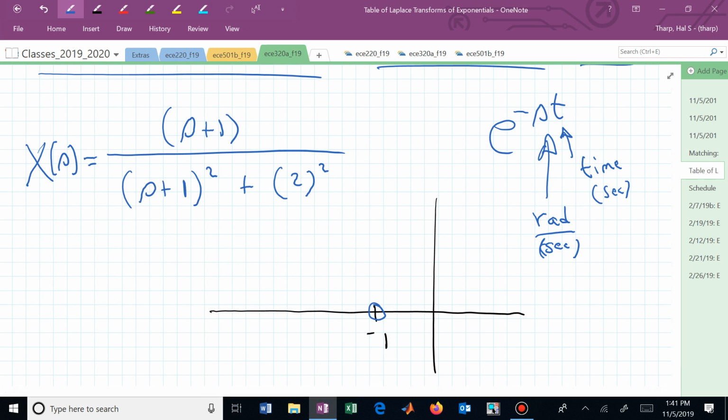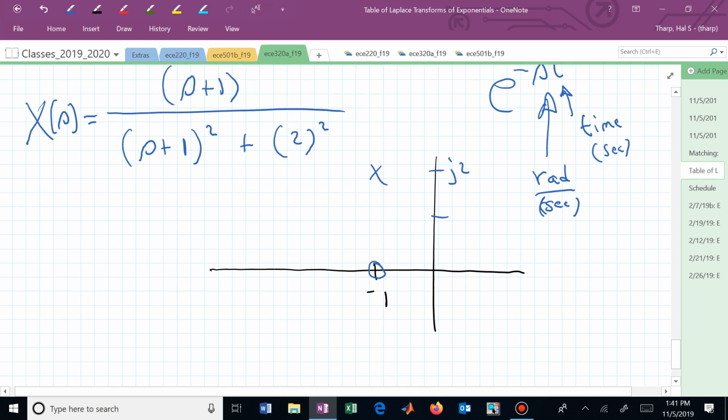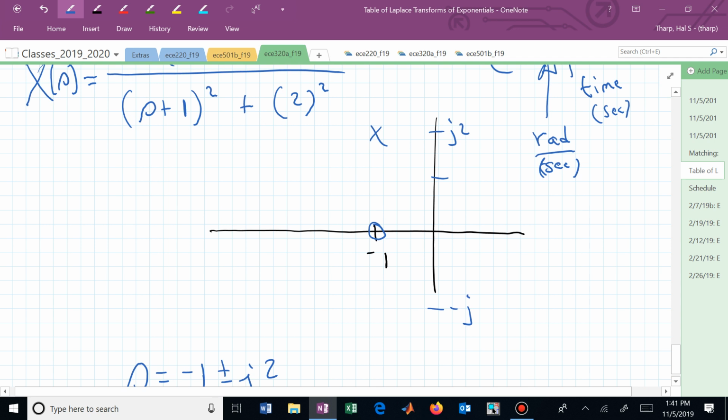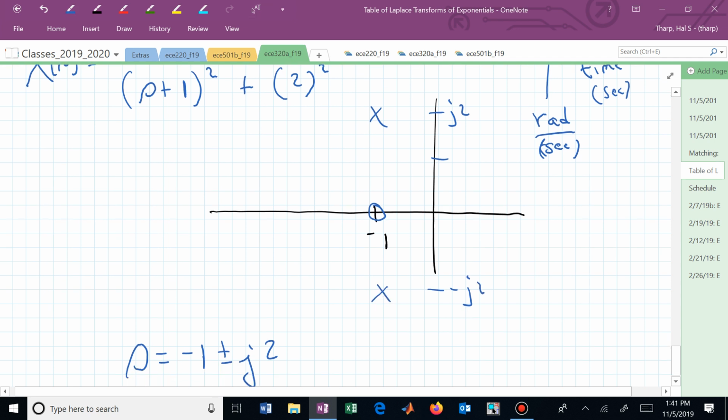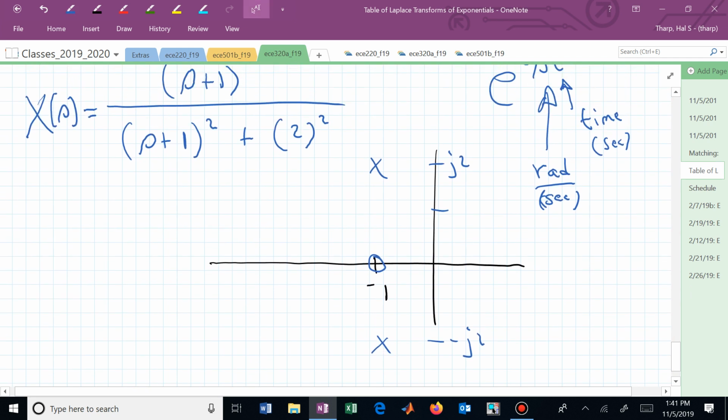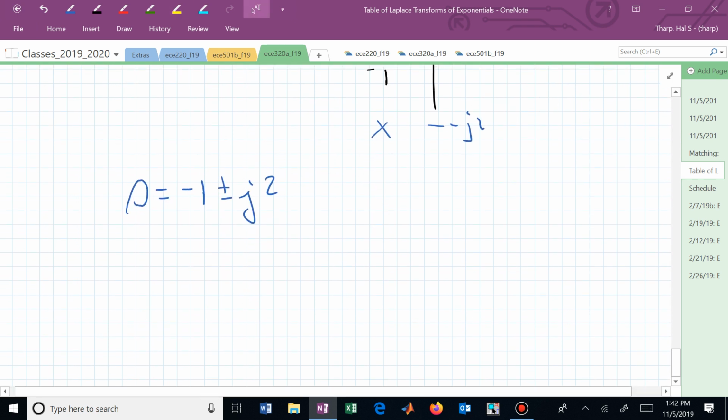And I said that these poles are at -1 plus and minus j2. They're now stacked in line with that 0 at -1. And the reason I can write them in this manner is, let's just look at this.